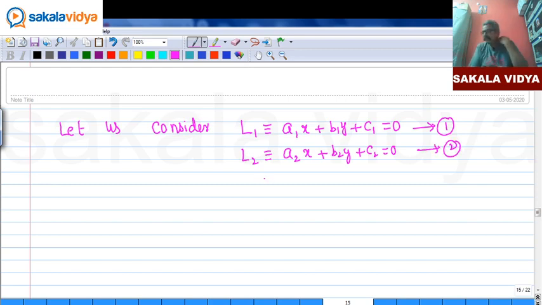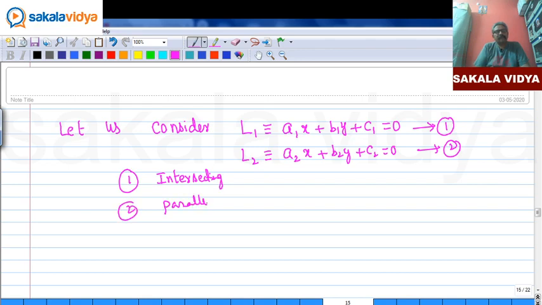So, these two lines may be intersecting, perpendicular, parallel, or coincident lines. Understood now.